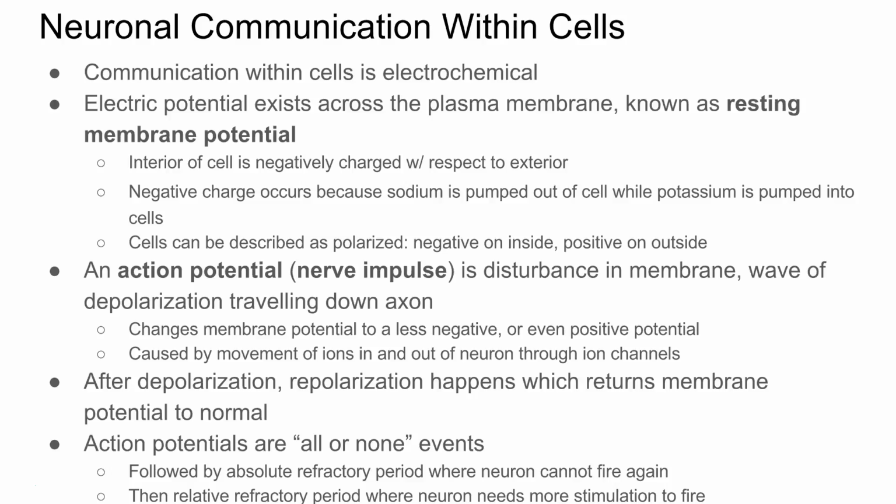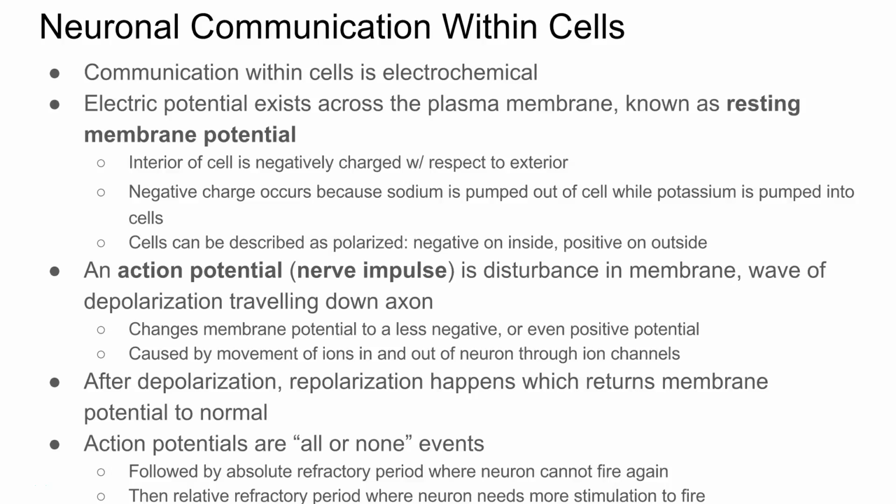Occasionally you get what is known as an action potential, sometimes called a nerve impulse. That is a disturbance in the membrane. This is essentially your neurons firing. It receives a transmission and shoots it down from the dendrites, down the axon, out to the terminal buttons. This is a wave of depolarization. It changes the membrane potential to a less negative one, from negative 70 to say negative 20, or even a positive potential.